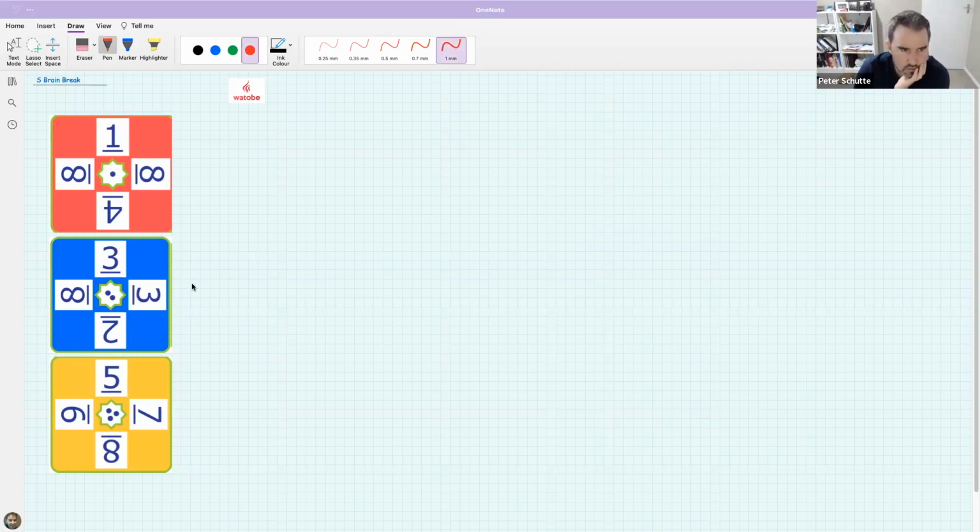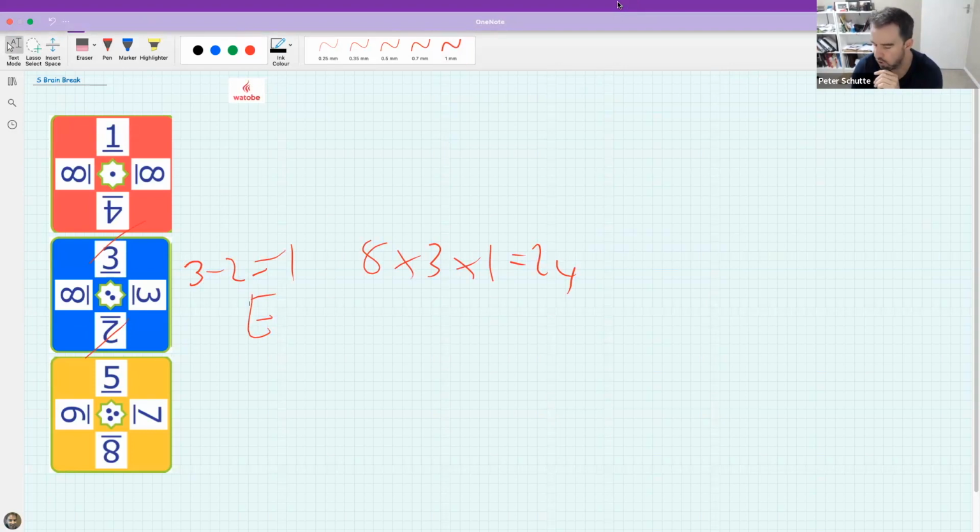Okay, Emmanuel has said, and I think this is for the second, the blue one, 3 minus 2 is 1. And then, okay, 8 times 3 is 24, and you just times it by 1. So that belongs to Emmanuel. Can anybody do the yellow or the red?